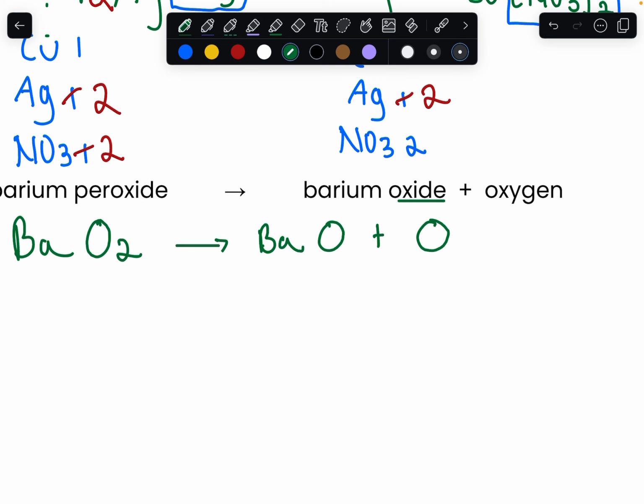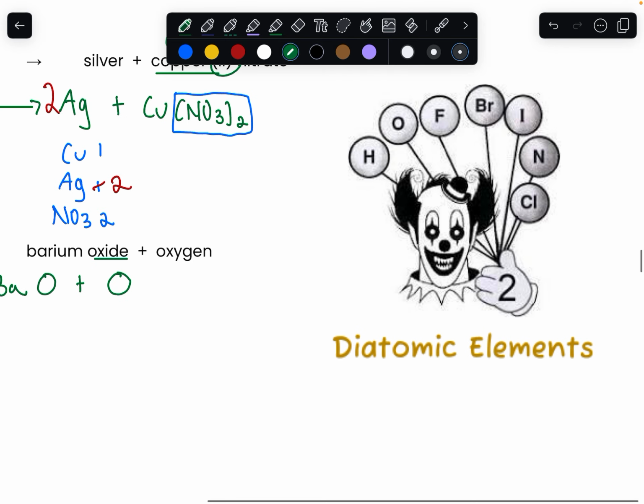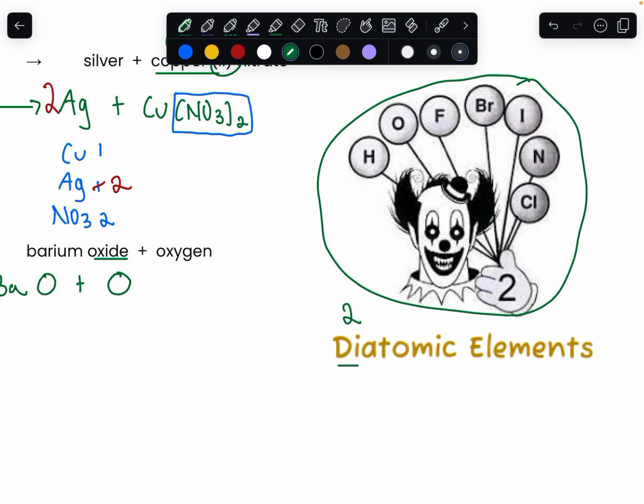However, oxygen is one of what we call our diatomic elements. Diatomic elements are called di because di means 2, and atomic means atom. And so these atoms, when they're on their own, always come in pairs. They hate to be lonely. They don't want to be left out. And so the way I help students remember that in class is we look at this creepy clown named Hofbrinkel.